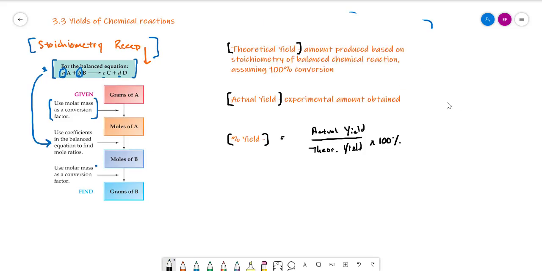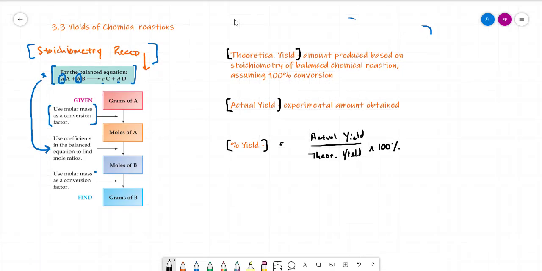So if we go back to this idea of yields, there are a couple different key concepts that we need to introduce. The first of which we've already alluded to, which is the theoretical yield of a particular reaction. And so in the example where we're talking about iron burning in the presence of oxygen to make iron oxide, if we know that there are, say, 4 of these irons, 2 of these, and 3 of these oxygens, we know the molar ratios at which these things react.